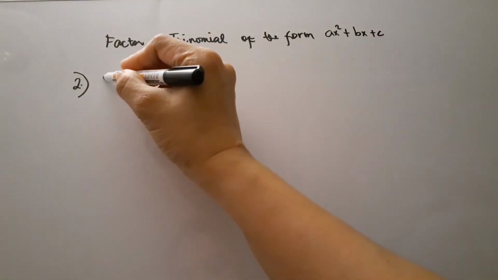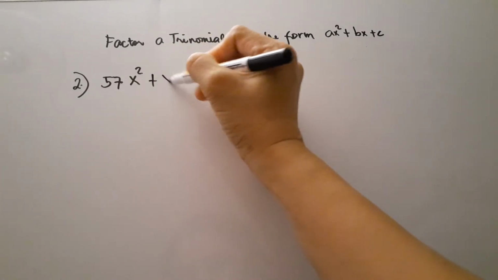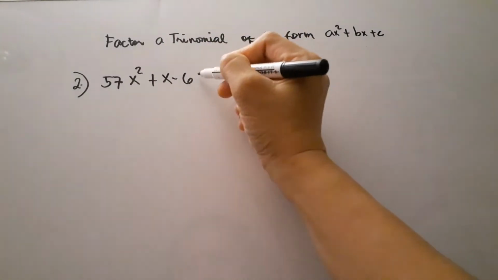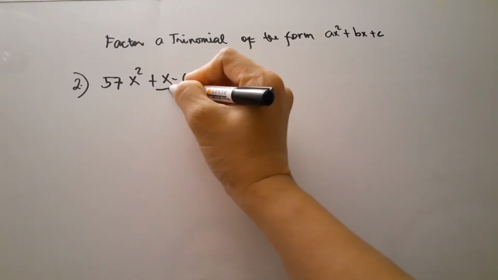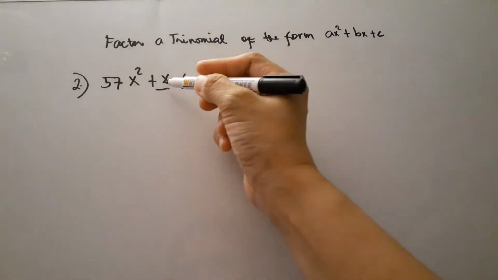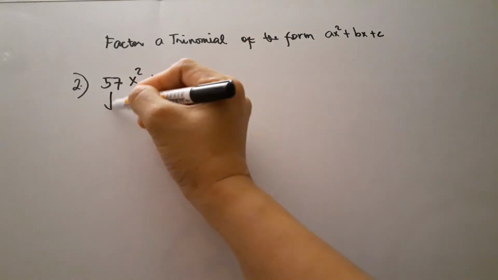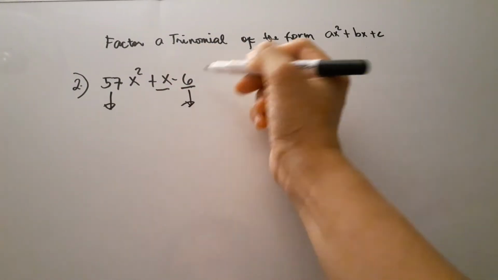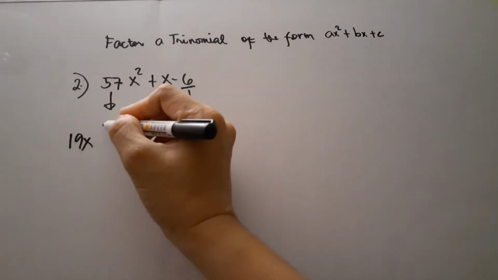Then let's have example number 2, which is 57x squared plus x minus 6. Because the constant term of the trinomial is negative and the coefficient of x is positive, the constant terms of the binomials are negative and positive. So let's factor first the first term as well as the factors of the constant term.